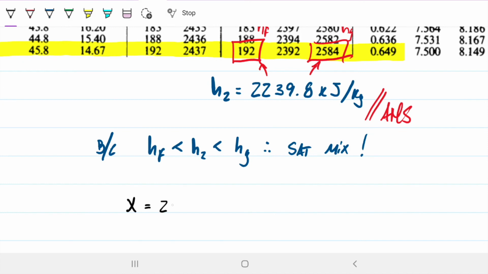So I have 2239.8 minus 192, divided by the difference, which is actually given. There's an entry for the difference there, so it's one less step for you to do on your calculator. And this gives me about 85.61%.